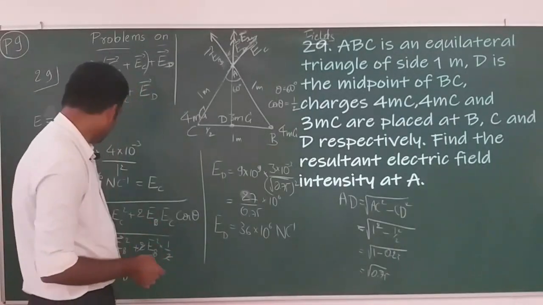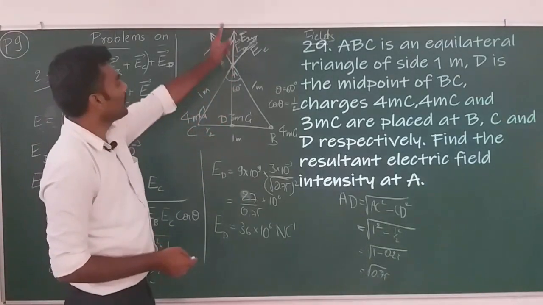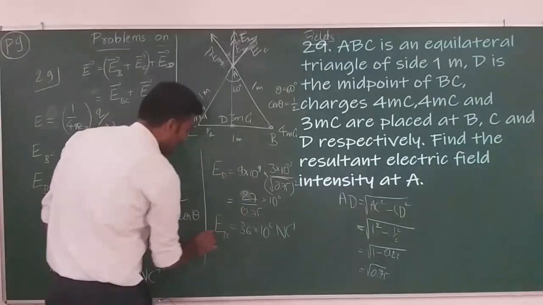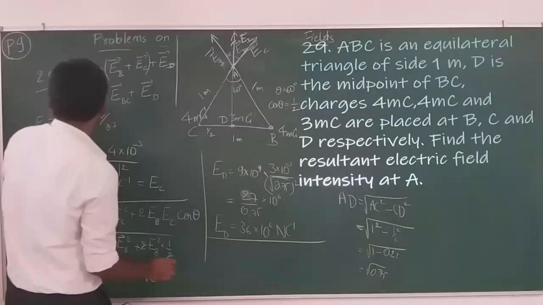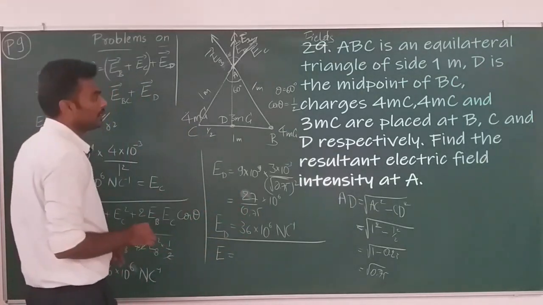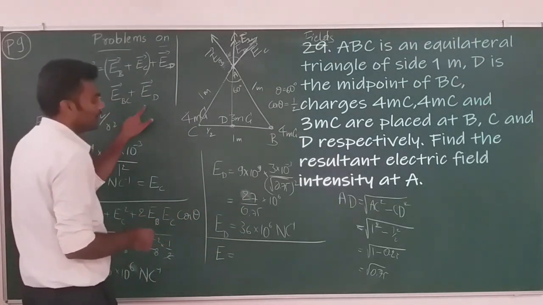Now this is ED, this is EBC. Both ED and EBC are in the same direction, so the magnitude of the net electric field E will simply add up the values of EBC and ED.